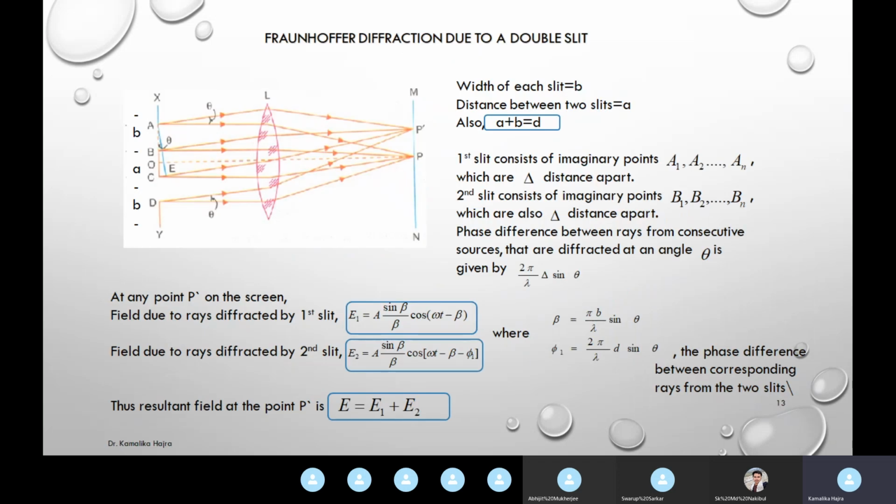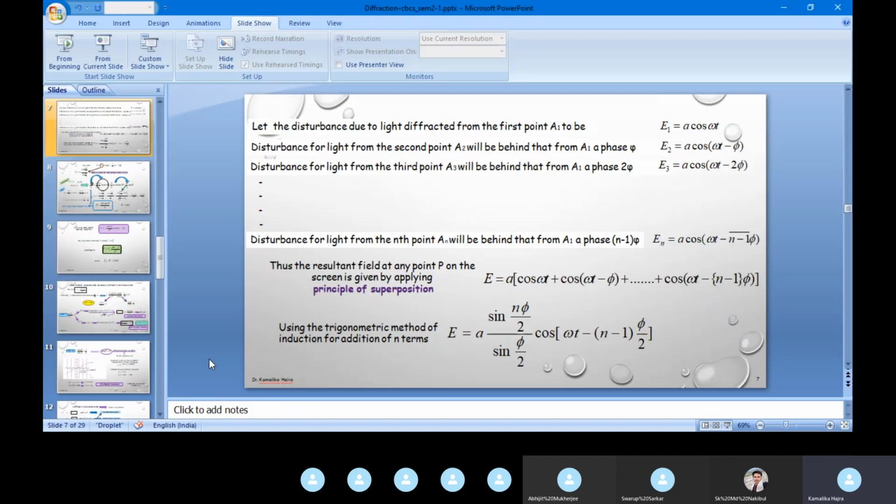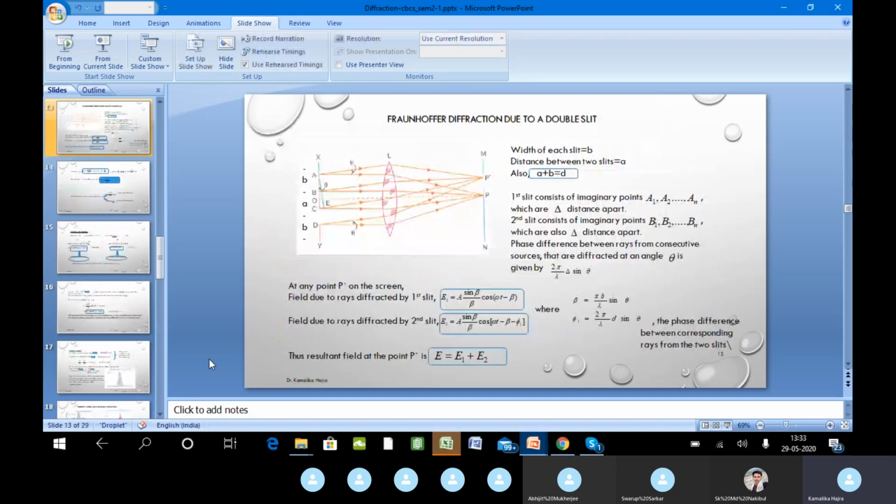In our next class, scheduled for next Friday, we will start with the double slit. Since we have done the single slit thoroughly, the analysis of the double slit is just a step ahead using the results of the single slit, so we won't take much time, and we will move on to multiple slits and finish off Fraunhofer diffraction.